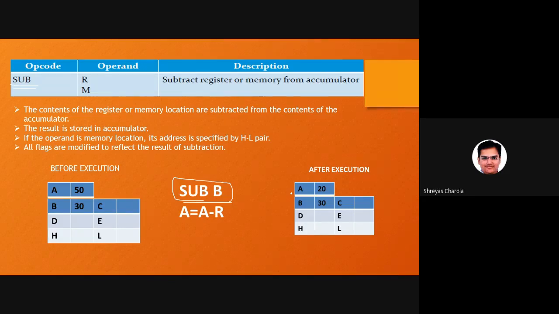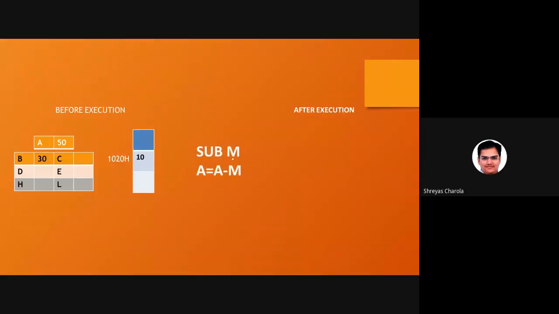Okay, fine. So what about this? When you write SUB M, what should be the answer for this?